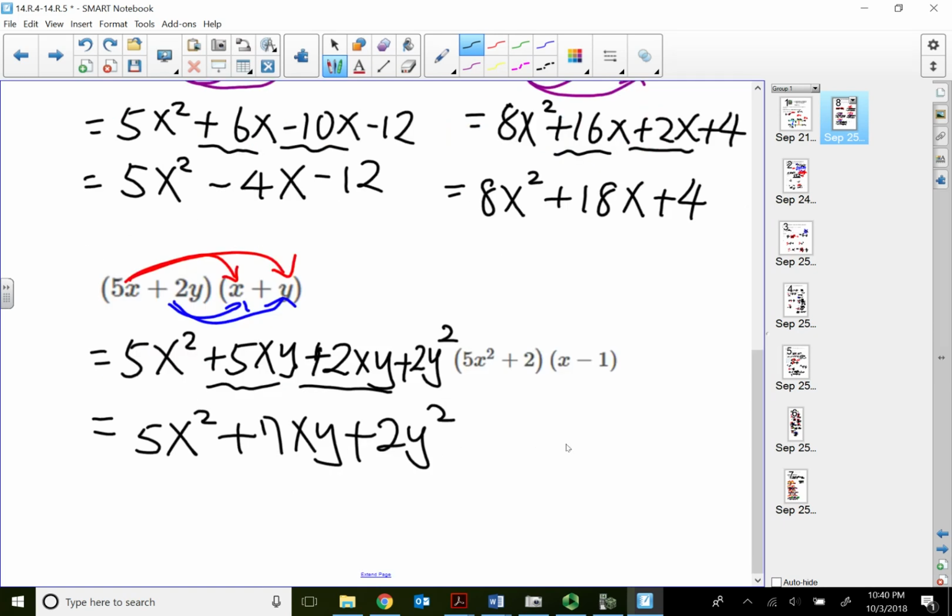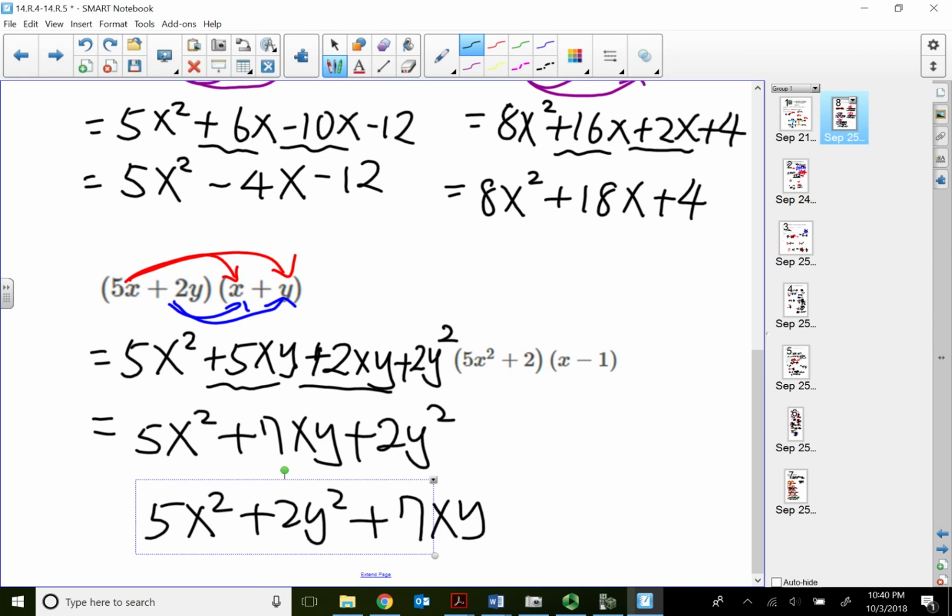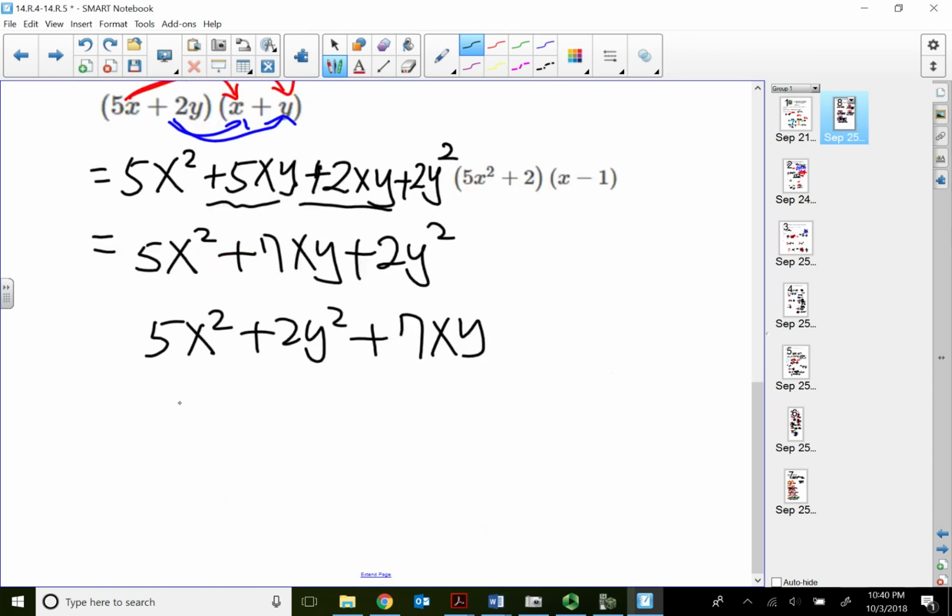So it goes in order, but if I say 5x squared and then 2y squared and then 7xy, okay, think about this. The exponent for the x now reads 2, 0, because the second term had no x in it, and then first power.